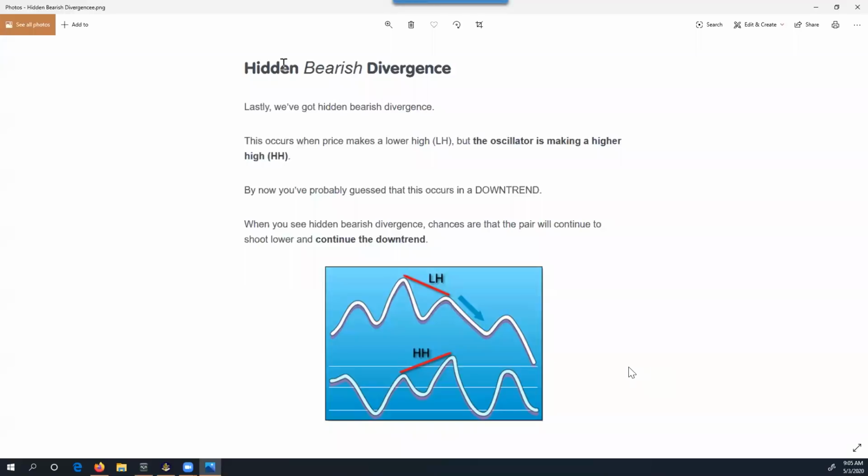But there's something that I'm seeing in the markets right now on a number of items, and I'll show it to you as we move through the webinar on a daily chart. And it's called Hidden Bearish Divergence. So hidden bearish divergence is where price does not make a new high, like for instance right here.